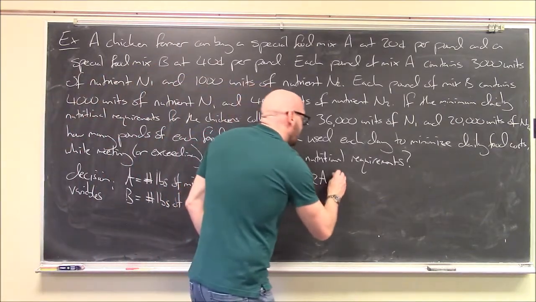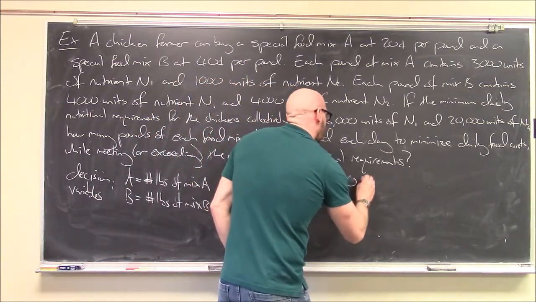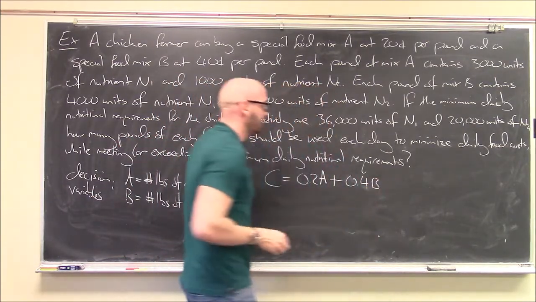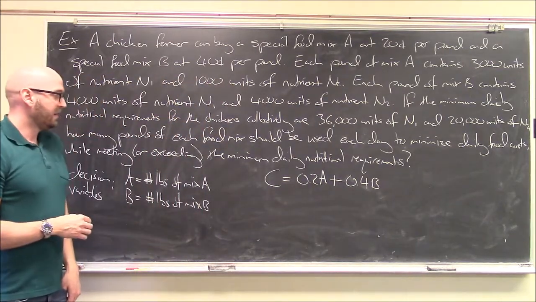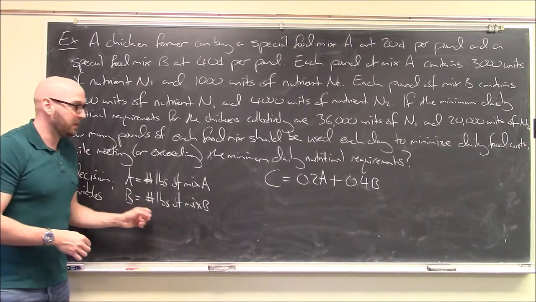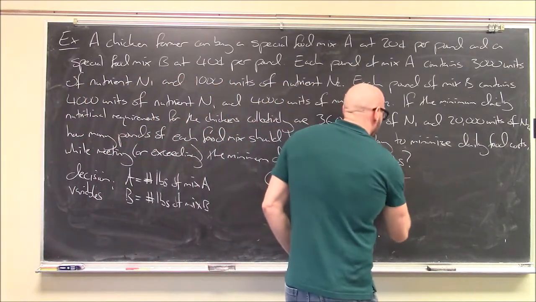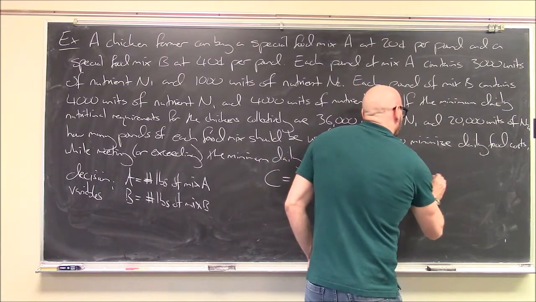So the total cost would be $0.2 times A plus $0.4 times B. You choose the number of pounds for A and for B, plug that into this function, and that gives us the daily cost. This is our objective function.